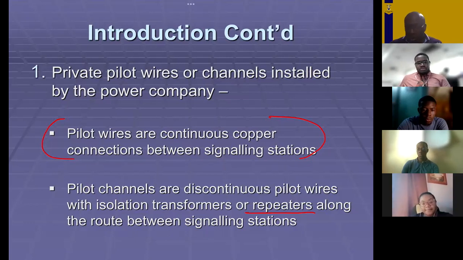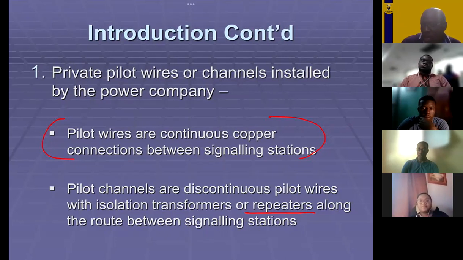All right. So that's what we do with the pilot channels in terms of reproducing the original signal that would have been available. And although it can be done by the power company, normally these channels will be rented by the power company from the communications provider.